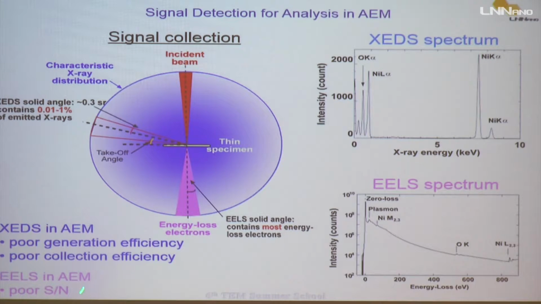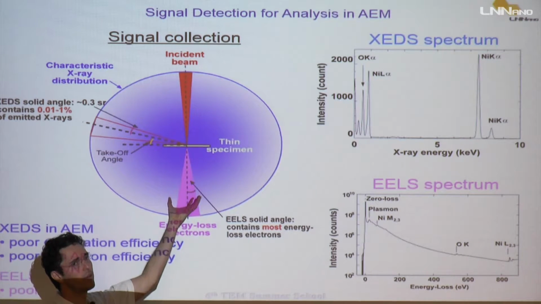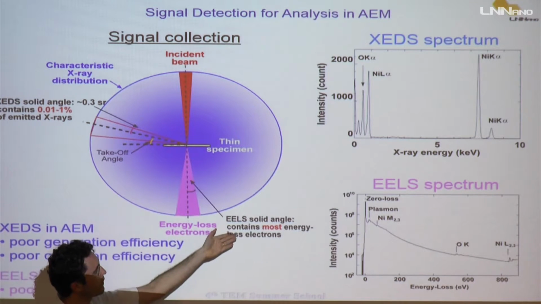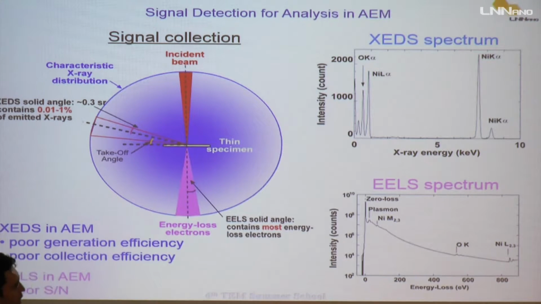And then for EELS, in this solid angle, if you put your spectrometer just on the optical axis, you will get most of the electrons that had lost some energy, okay?